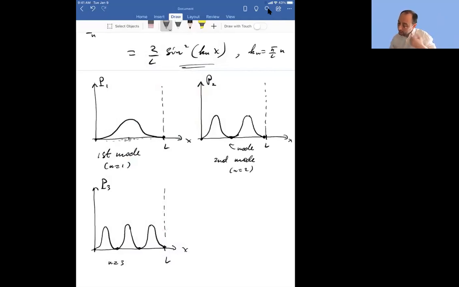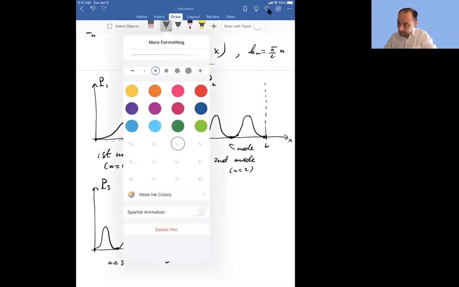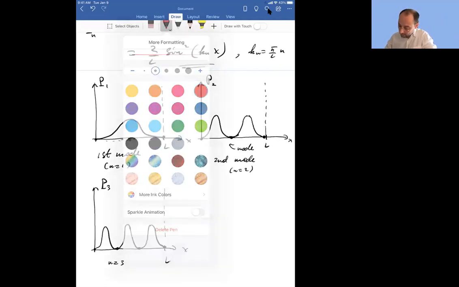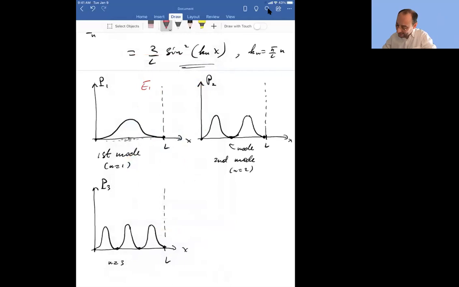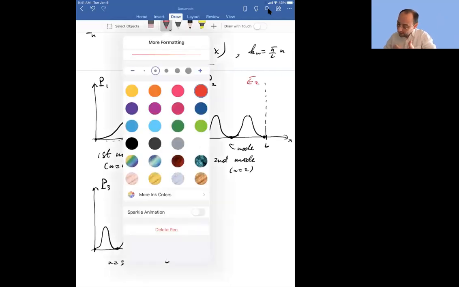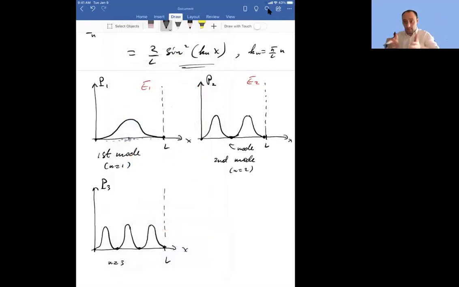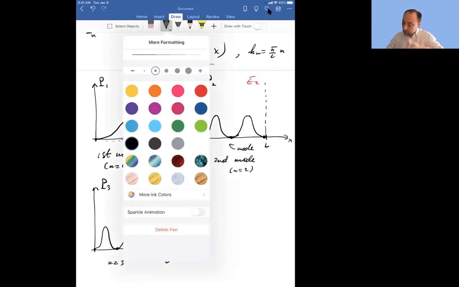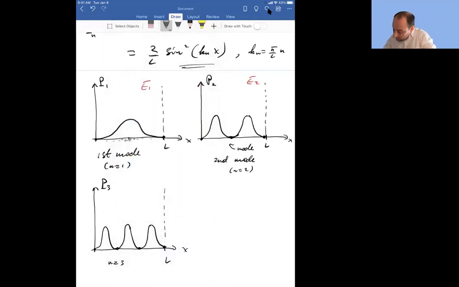If the particle is in the second excited state, so in the first state, it has energy 1, in the second, it has energy 2. So if you have an ensemble of particles in the box, in this kind of a potential energy well, each of them has energy 2, then when you perform an ensemble of position measurements, you're going to get a bunch of positions clustered around these two spots, right?